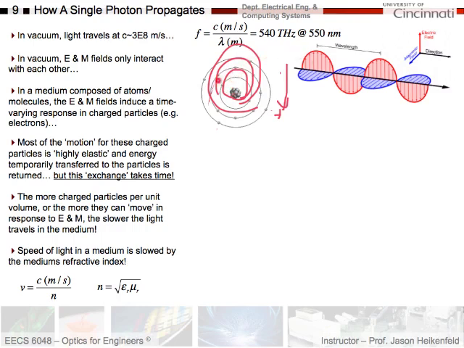And so the more the material is able to do this, it will slow the light down. And so when you go to a material that has more charged particles per unit volume, roughly, that can move in response to the electric and magnetic field, the slower the light travels in that medium. So, the speed of light in a medium is slowed down by the refractive index.